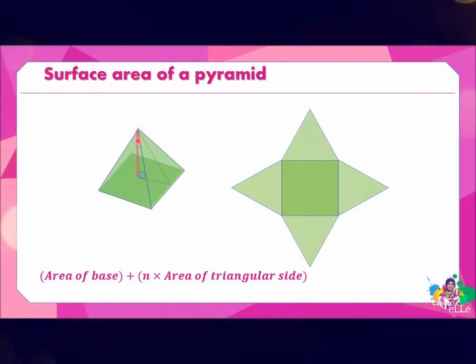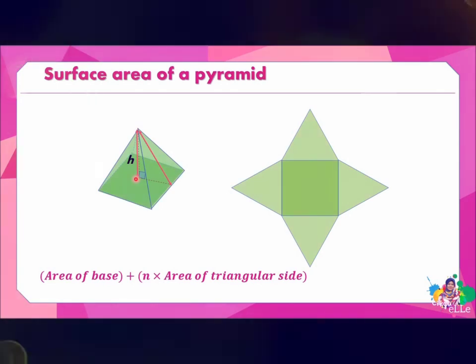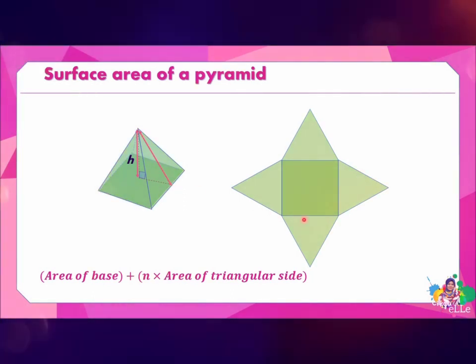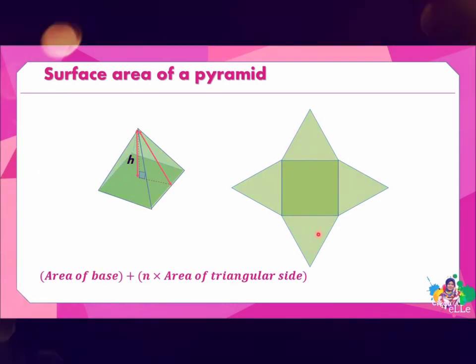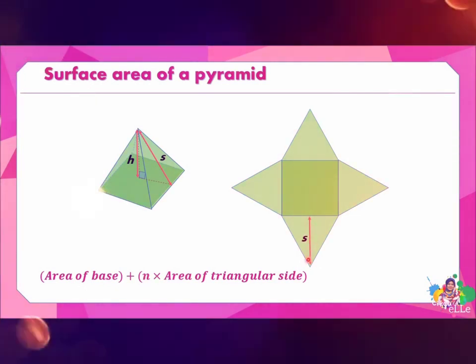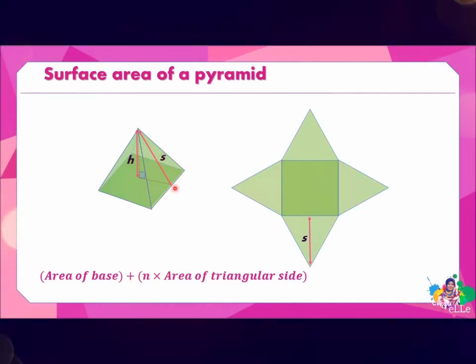This one is the height of this pyramid, and this one is the slanting length of this pyramid. To find the area of this triangle, you have to use the slanting length, not the height of the pyramid.